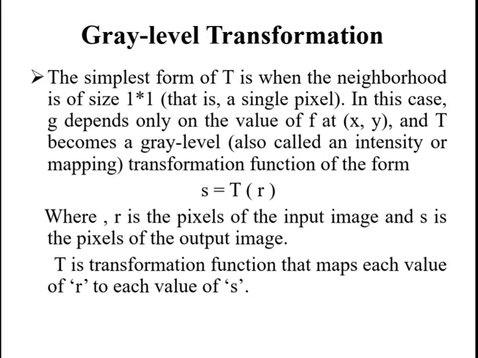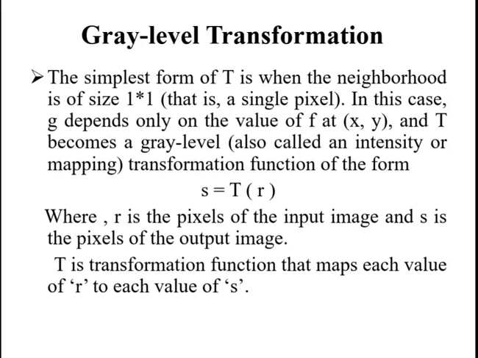The simplest form of T is when the neighborhood is of size 1 by 1, that is, a single pixel. In this case, g depends only on the value of f at x comma y, and T becomes a gray level, also called an intensity or mapping transformation function, of the form s equals T of r, where r is the pixel of the input image and s is the pixel of the output image.